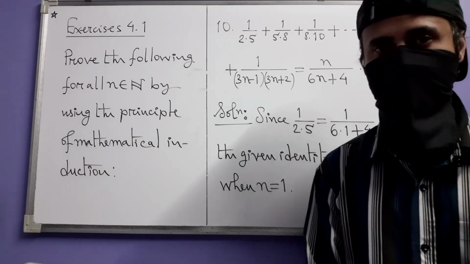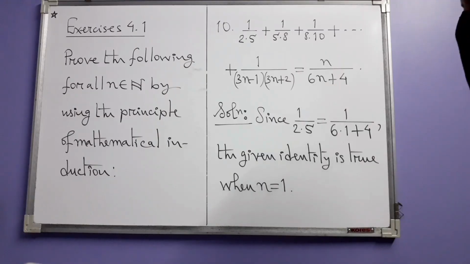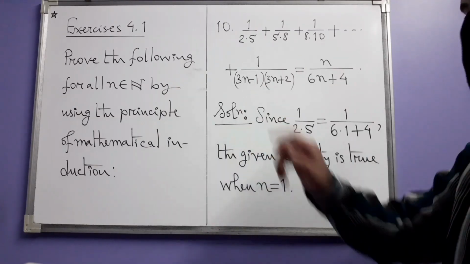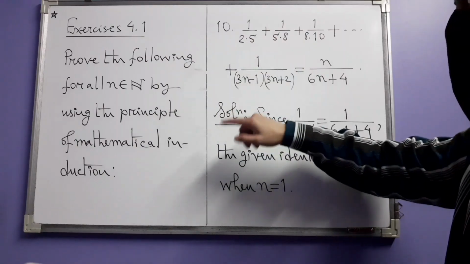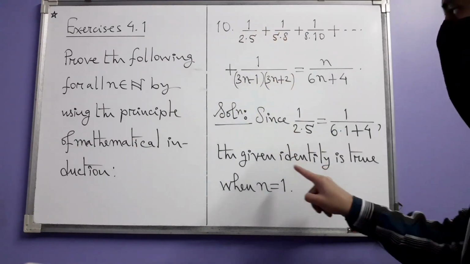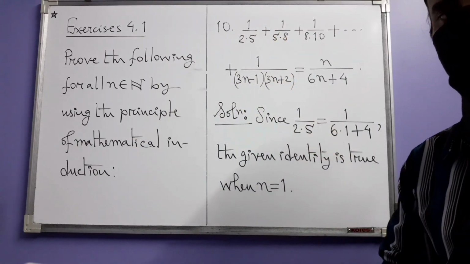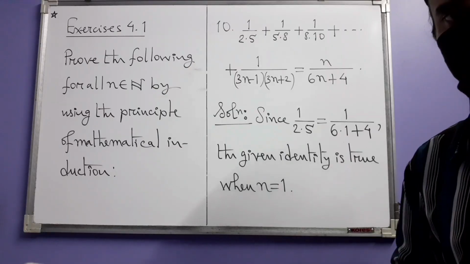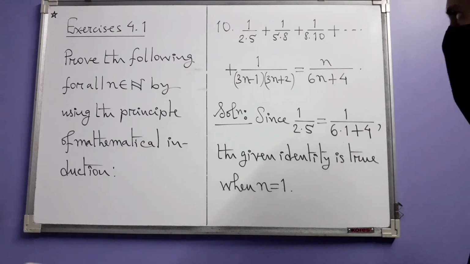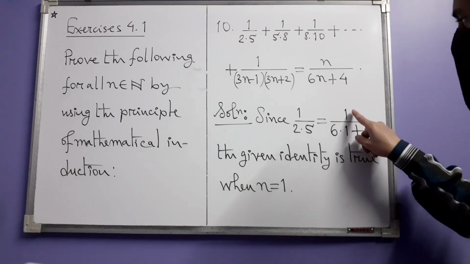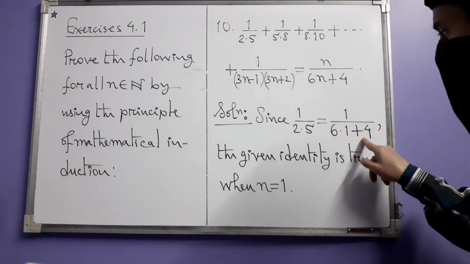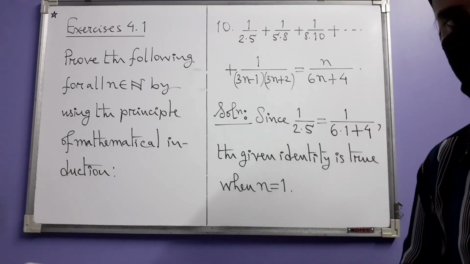To apply induction, of course, first we have to go for the basis, which corresponds to n equal to 1. So when n is 1, the left hand side has just this one term, which is 1 divided by 2 times 5, that means 1 divided by 10. Whereas for that same n value, that is 1, the right hand side becomes 1 divided by 6 times 1 plus 4, so that is also 1 divided by 10.